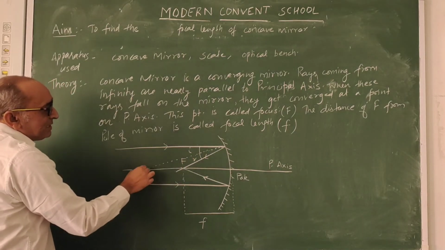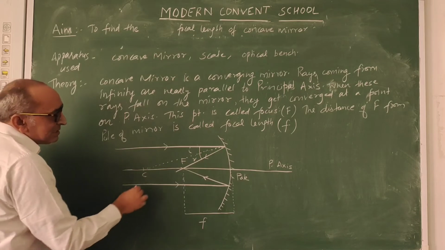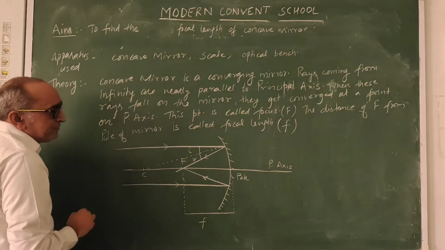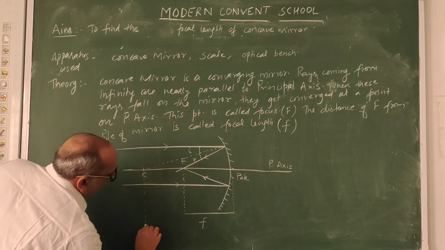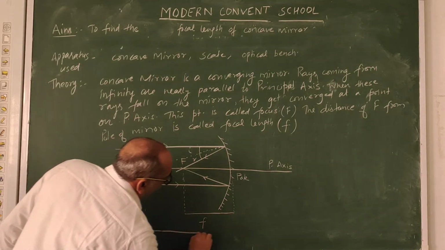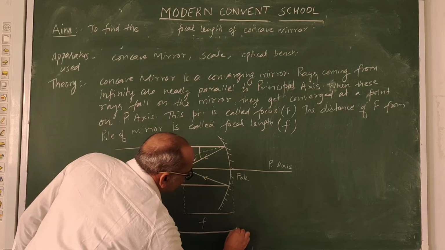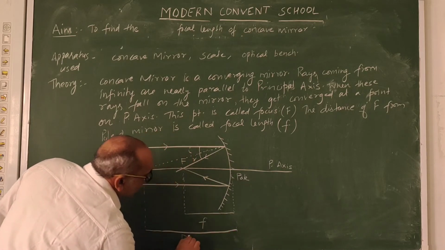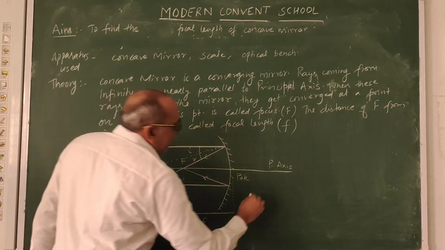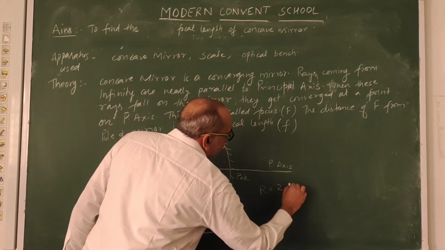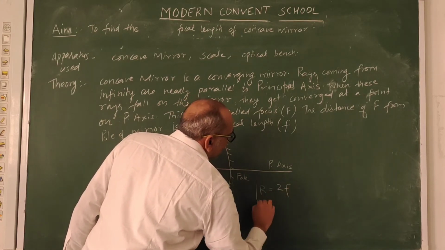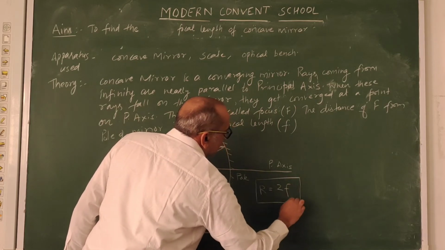This bisector meets the principal axis at this point, which is C, and the distance from C to the pole is called the radius of curvature, and the radius of curvature is twice the focal length.